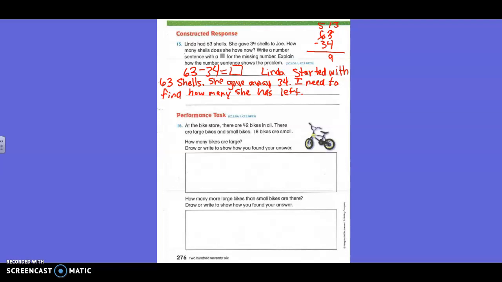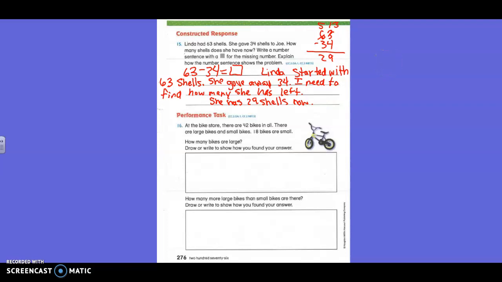Sharon? 2. Okay, so how many shells does she have left? 29. She has 29 shells. Did we write it on the bottom? Yep, that'll work. She has 29 shells now.